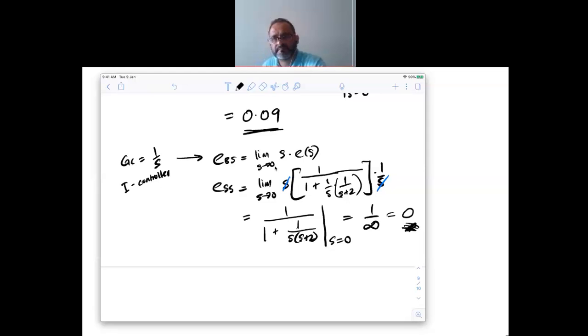So when I use I controller, it's very good with value ki over s, with even ki equals to 1 over s, then I will cancel the error, immediately becomes 0. Very good. Okay, but then what happens is that it will affect my system response. It will make my system slower with I controller.